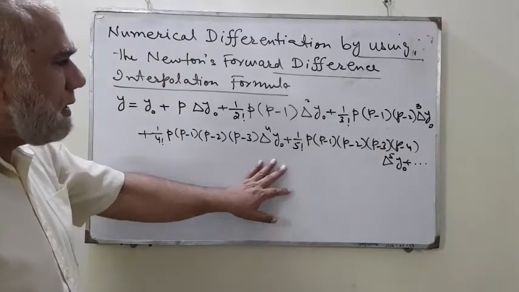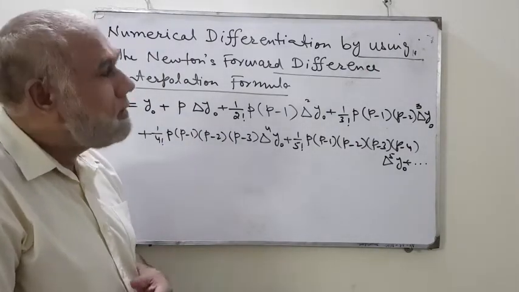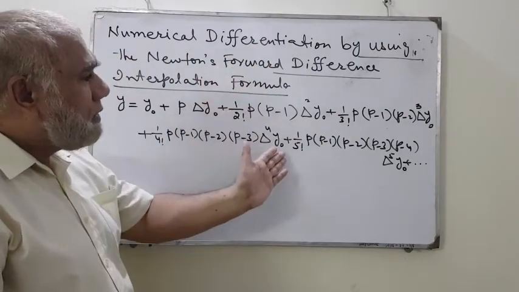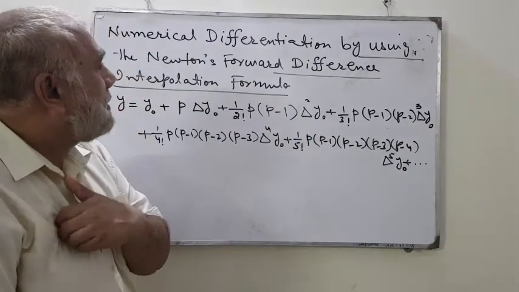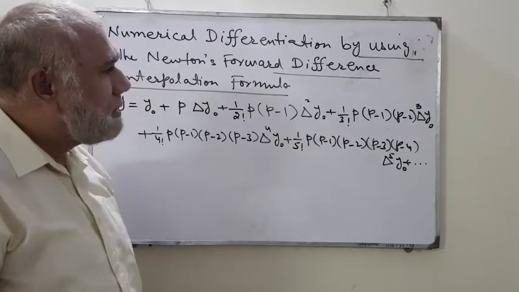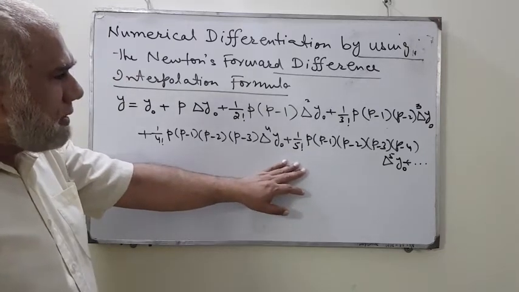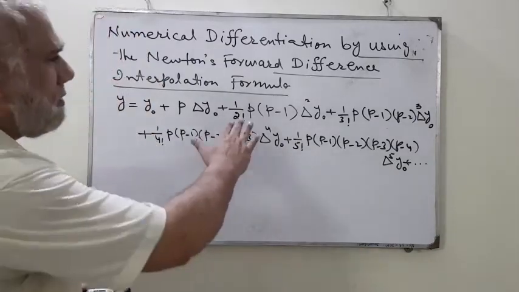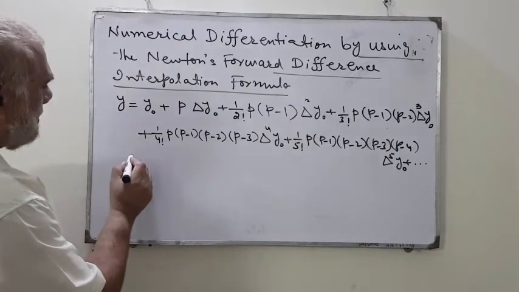Now from here we shall be deriving the formula for numerical differentiation. Because we are using the forward difference, the title contains it. The first step in order to derive it is just expanding the brackets, meaning you have to take the product of all these to split them into a single bracket.